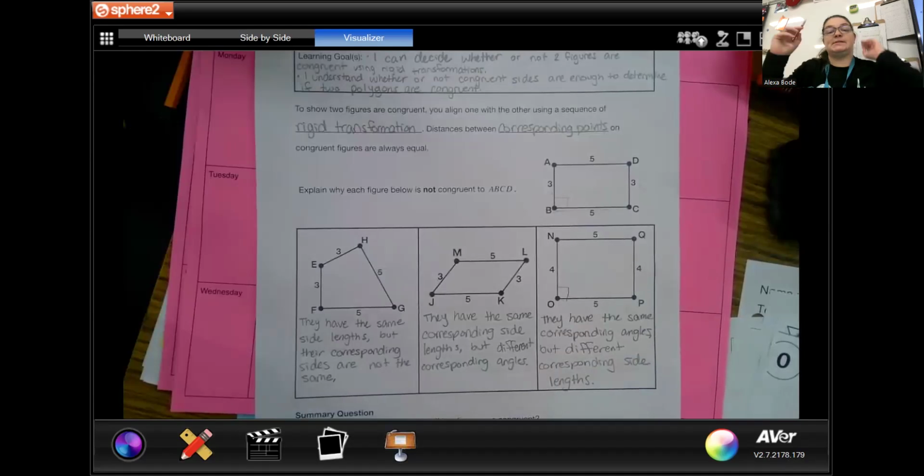So all of the corresponding sides need to be the same. All of the corresponding angles need to be the same.